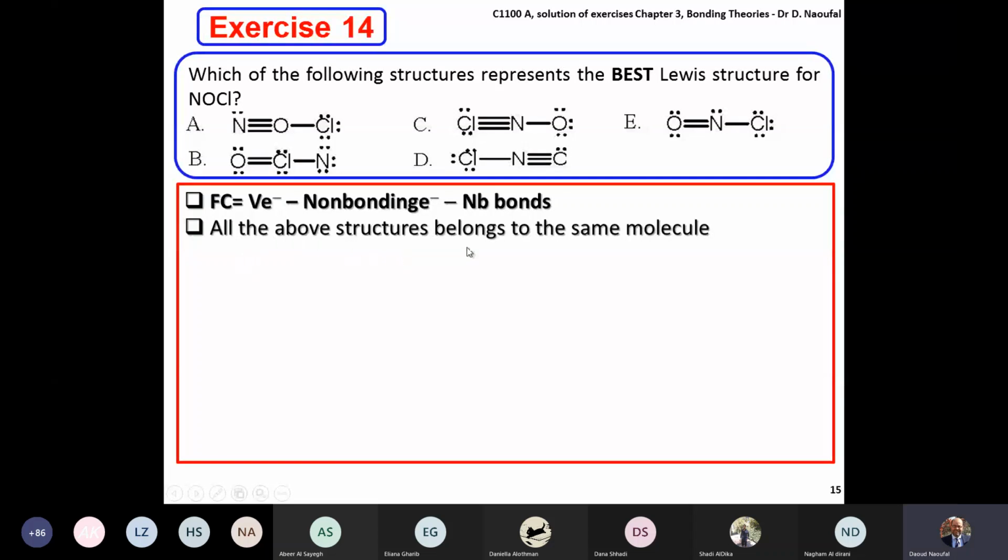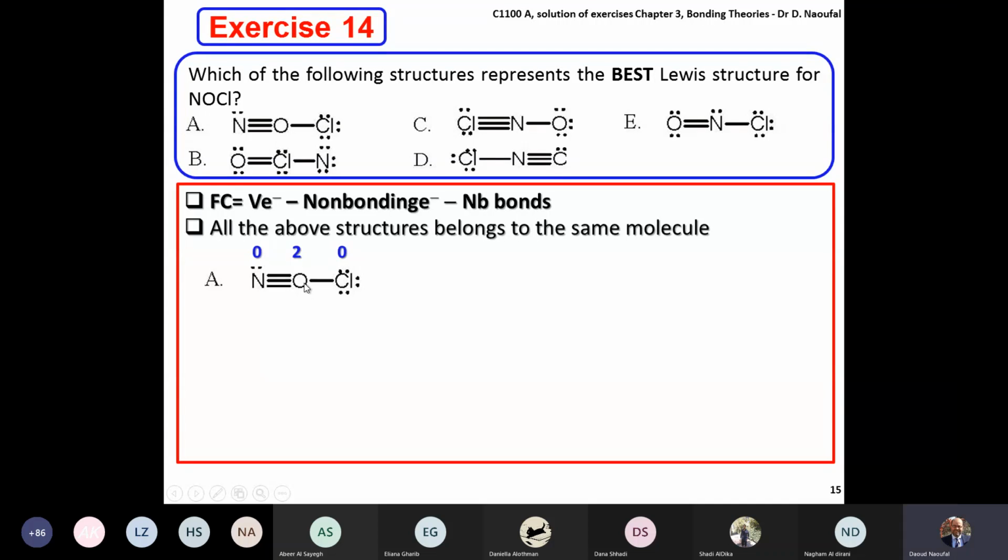All the above structures belong to the same molecule, NOCl. So now we can compare the formal charges. In A, the nitrogen has 5 minus 2 minus 3, so 0.